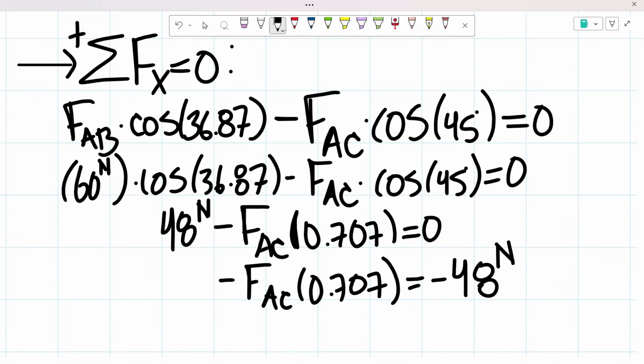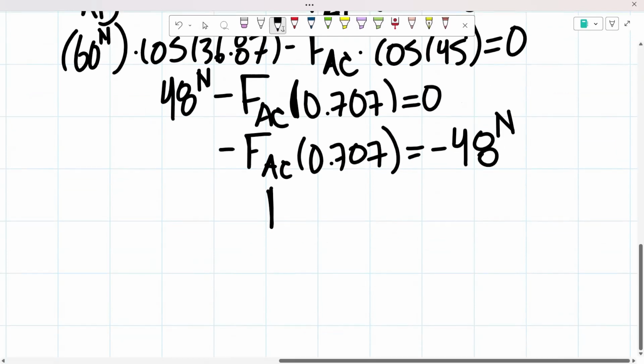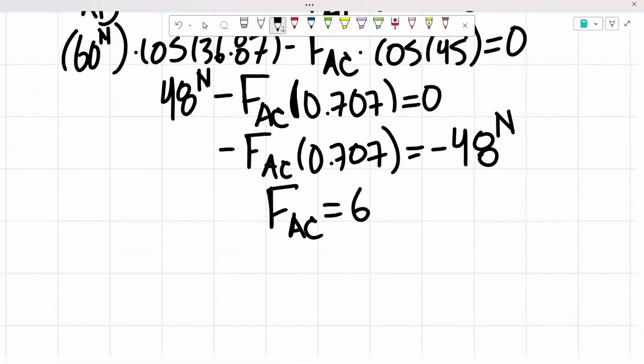And if we were to divide both sides by 0.707, we would get that the force of the spring AC is equal to 67.89 newtons.